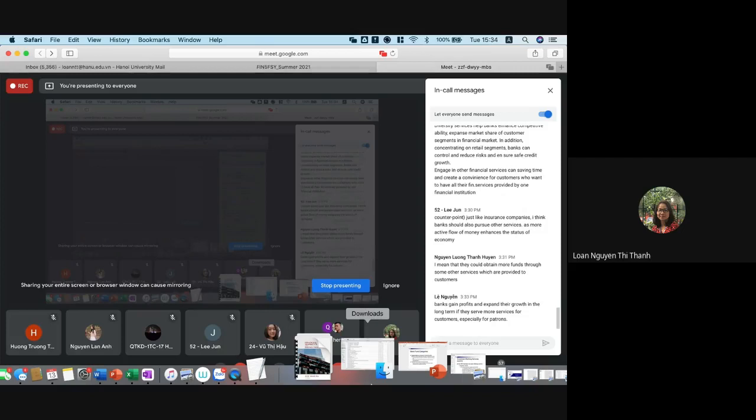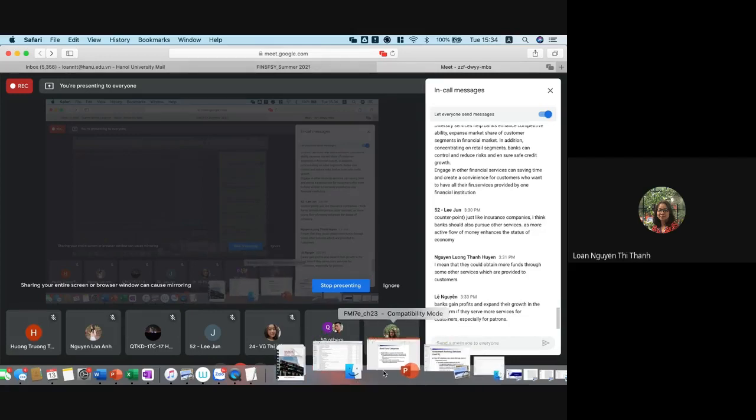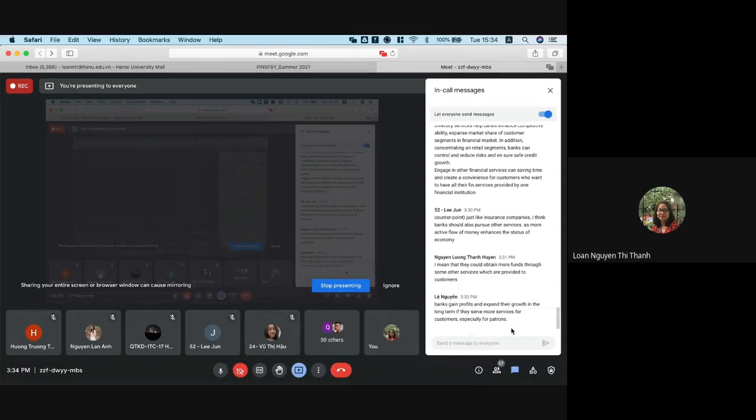If you convert it into income streams or income sources, maybe it would be clearer, right? Rather than "obtain the fund". Bank gains profit and expands its role in the long term, serving more services for customers, especially for patrons. Okay.